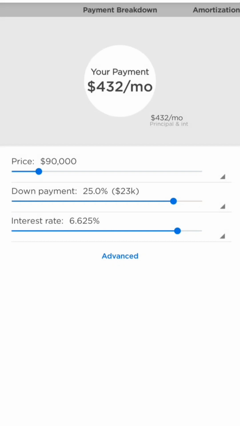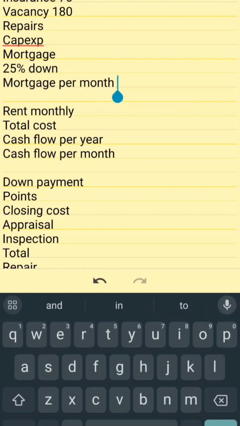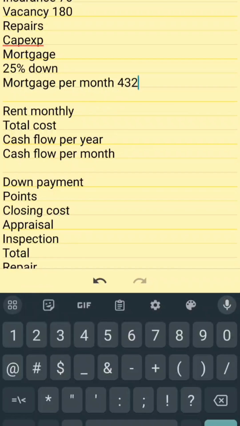That's what my bank requires. And then the interest rate is going to be 6.625%, which will give us our monthly payment of $432. We'll go back to our sheet, go down to mortgage monthly, and put in $432.